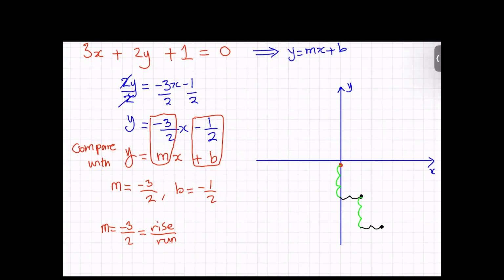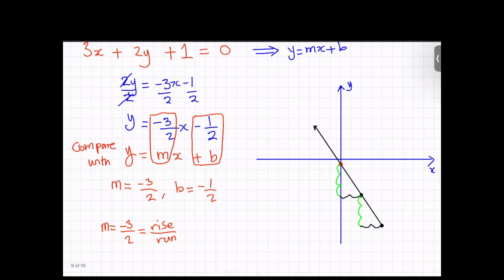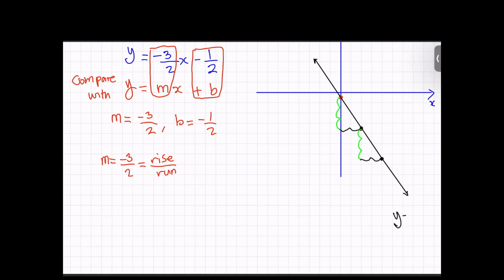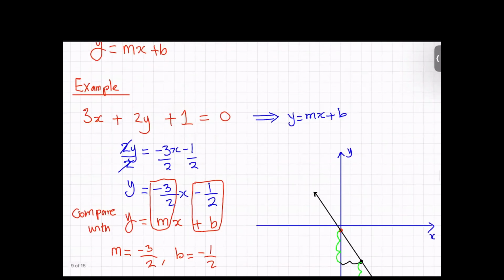When you're done with that, like I always say, 3 points is enough. You don't have to go too much. 3 points is enough to know how the line looks. And then you just connect it. So this is your graph of the original form of the equation, 3x plus 2y plus 1 equals 0.